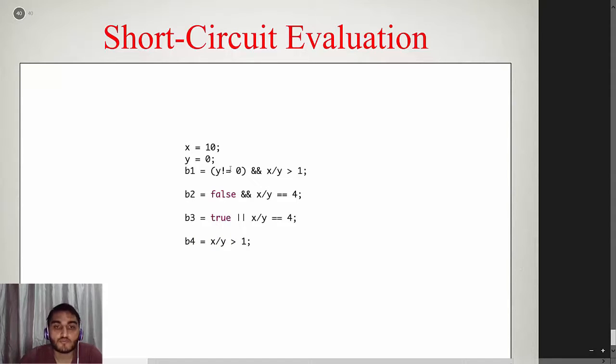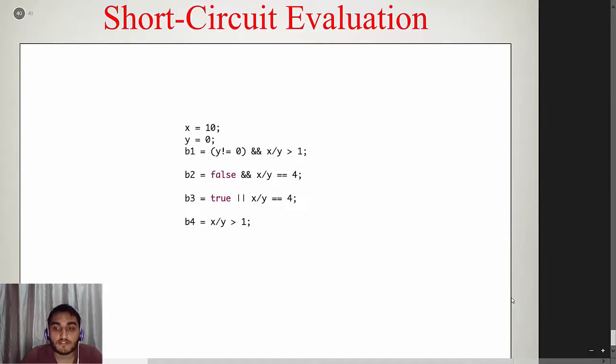Okay, let's look at that. y zero factorial gives us a 1. 0 equals 0 is true, and x over y. Okay, this one, now this is true. If this answer is true and the other is false, the answer will be false. So for x over y, looking at that, it's 10 over 0, it gives an error. There is no answer for that and also for that.